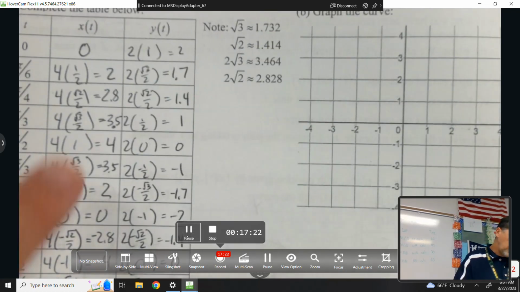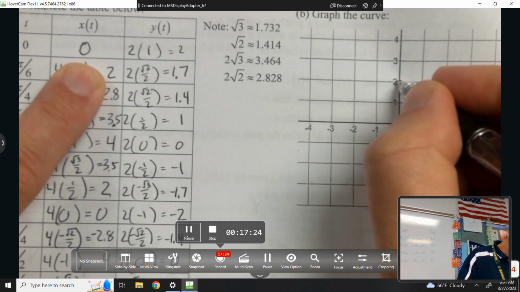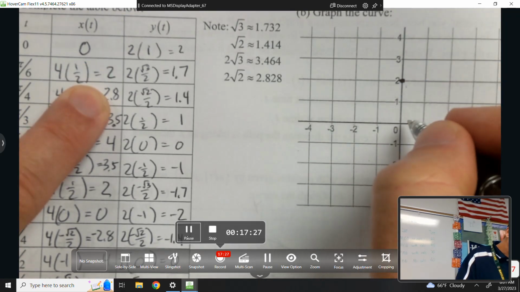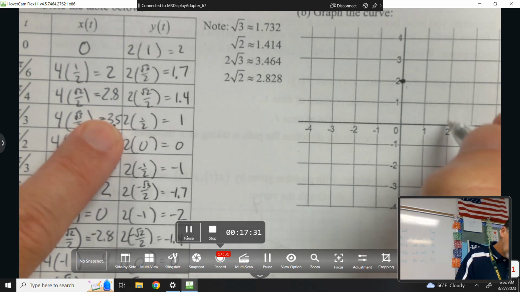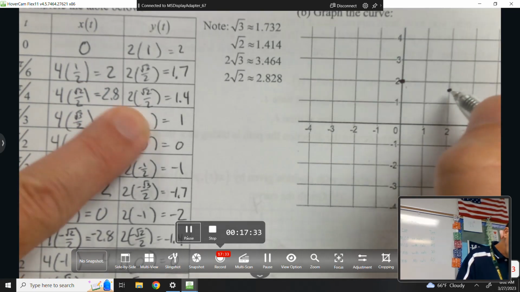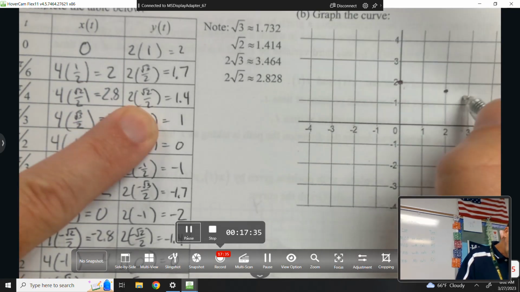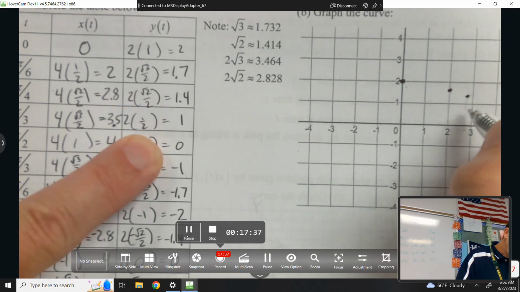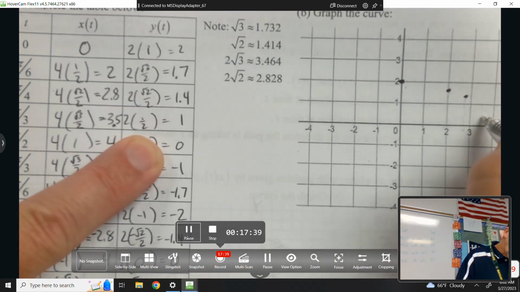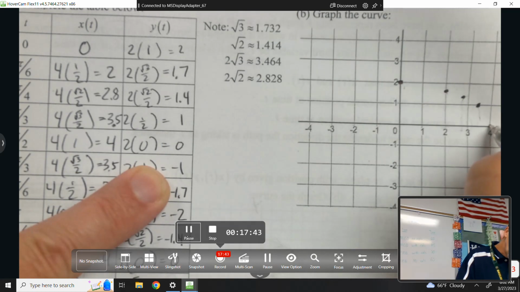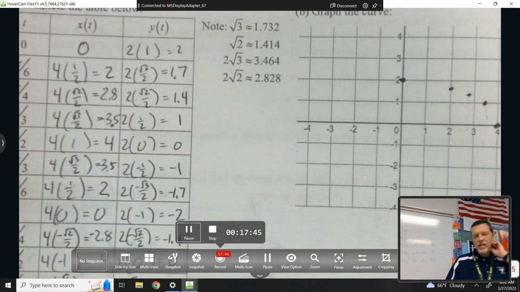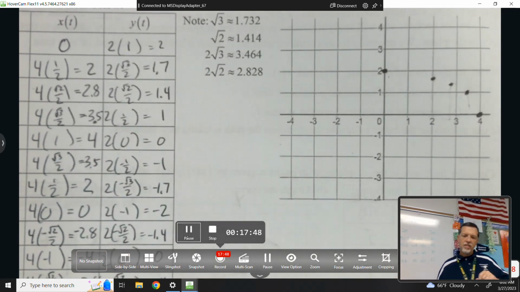So 0, 2, 1.7, 2.8, 1.4, 3.5, comma 1, 4, 0. Which is sort of my first quadrant.